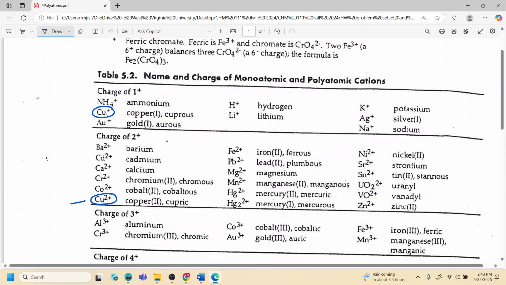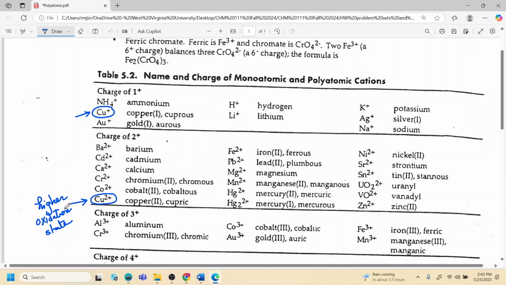Copper 2 plus means that it lost two electrons. Copper plus, here, it lost one electron. So copper 2 plus is a higher oxidation state. Oxidation means losing electrons, okay? So this one is a higher oxidation state because it's losing two electrons versus here it's losing one electron.